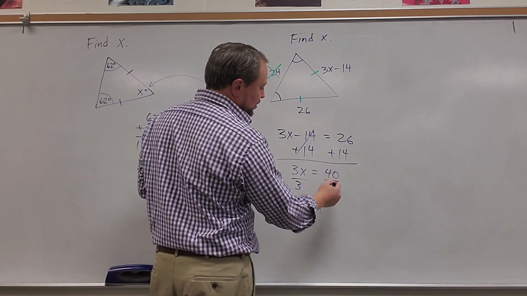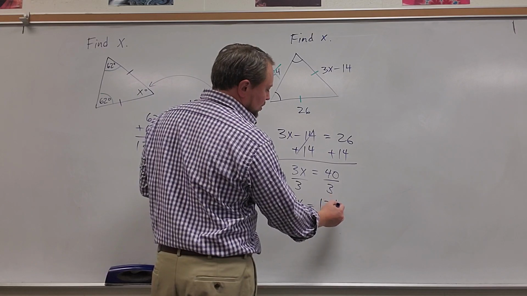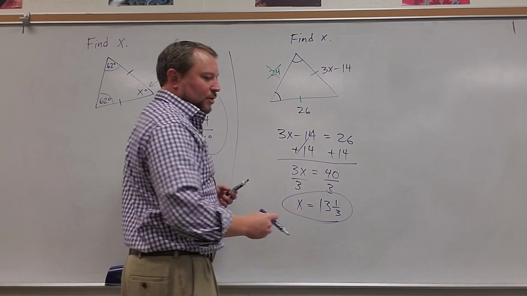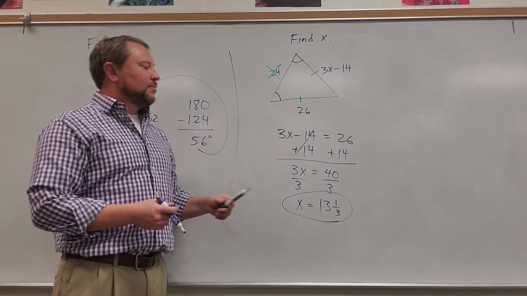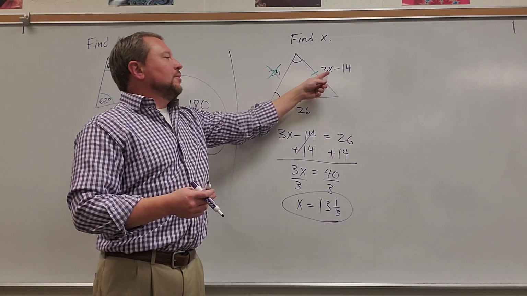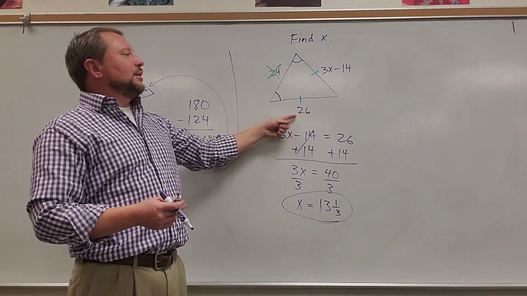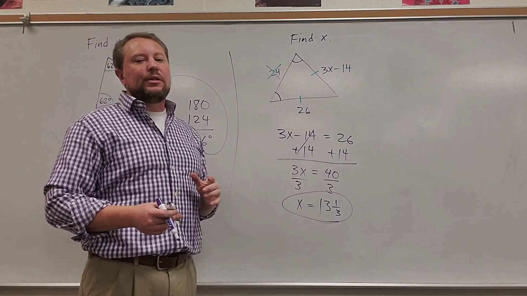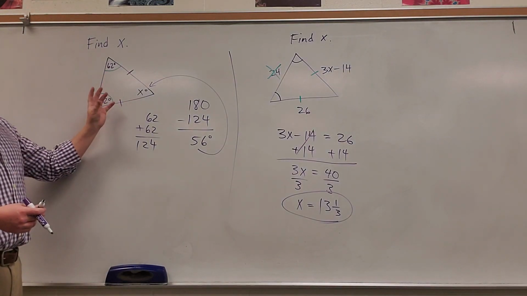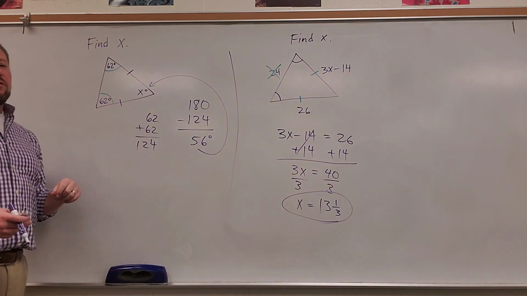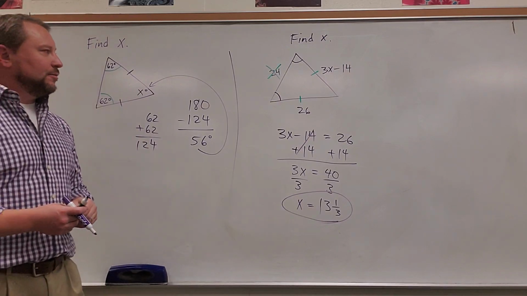This one, let's see, 40 over 3, comes out to 13 1/3. Okay, not a nice whole number, but regardless, make sure you set it equal to the 26, not the 24. The 24 in this case was bait, just like over here, it was kind of trying to bait you to say that 62 and x were equal when they were not.